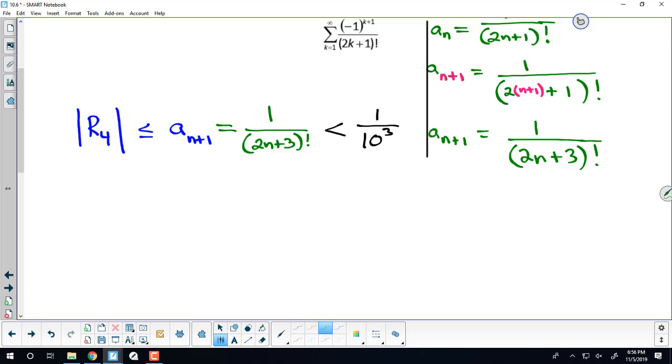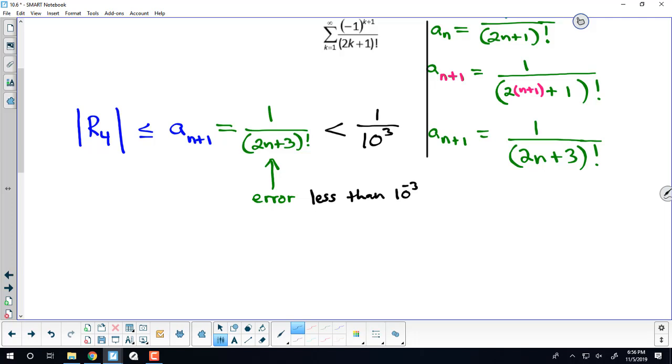Sorry, just remind ourselves again, this is our error, and really it's the maximum error. So that's the maximum our error could be, less than 10 to the negative 3.